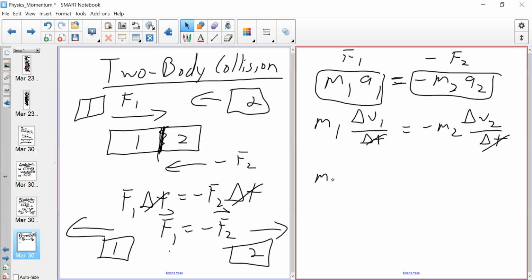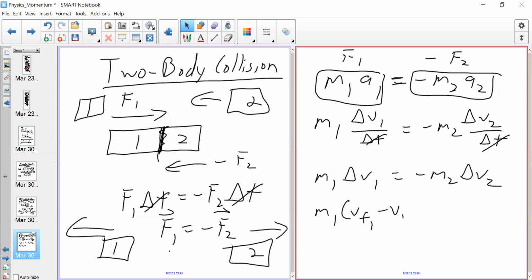Now let's continue. M1 delta V1, M2 delta V2. We know that change in velocity is final minus initial, right? So we have M1, VF sub 1. This is the basic equation: delta V is just VF minus VI, but in terms of object 1.